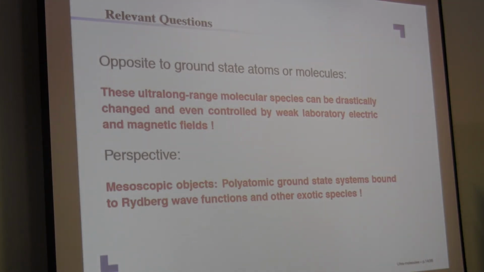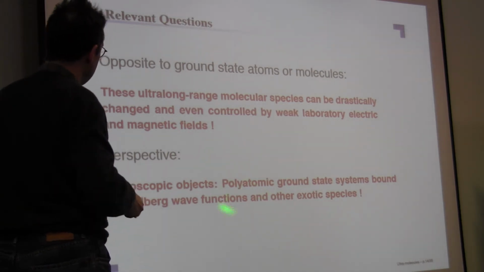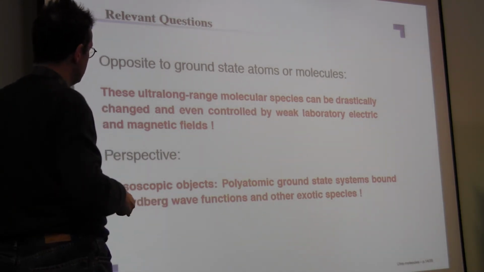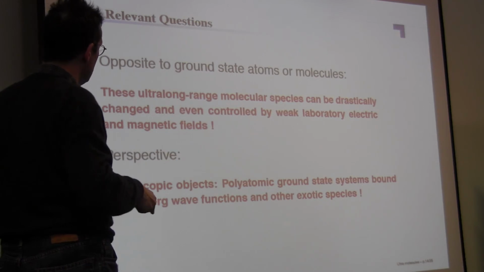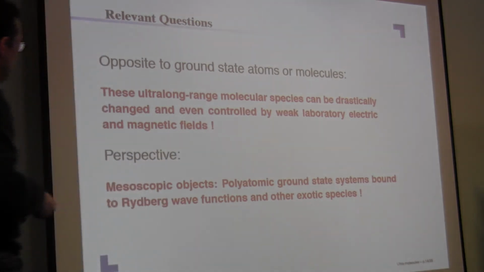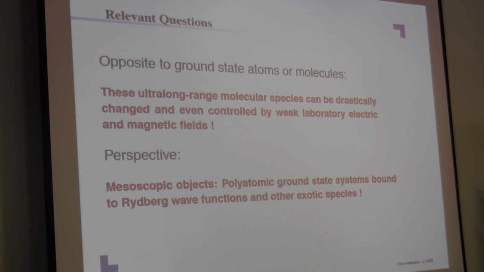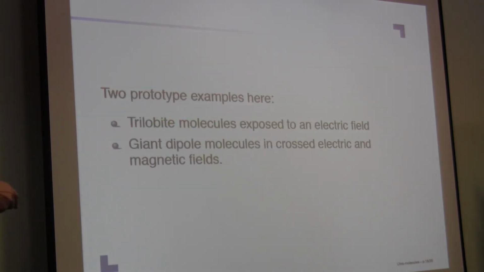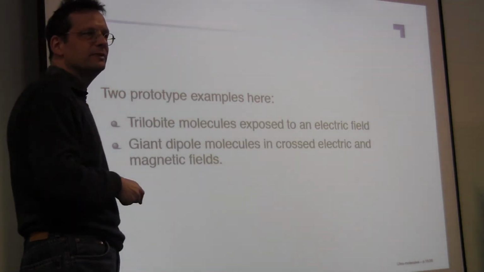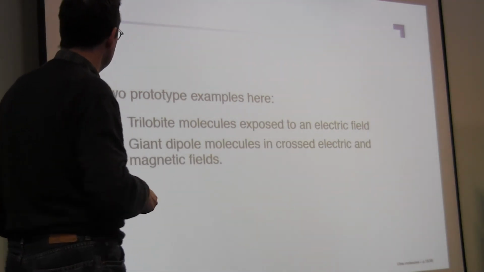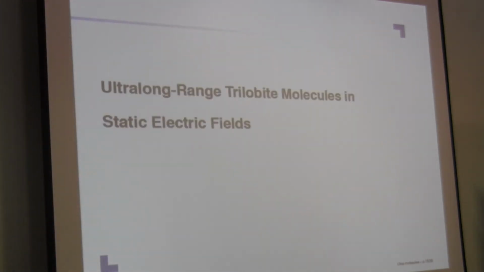The perspective here, generally for me, is that you can place a neutral perturber in there, which is a neutral ground state atom, but in principle the pathway is open to put more complex systems or several perturbers into these electronic wave functions and create all kinds of exotic species. But here we will focus on putting a single neutral atomic perturber into the Rydberg cloud. First step, switch on an electric field and see what happens. Second step, creating giant dipole molecules in combined fields.